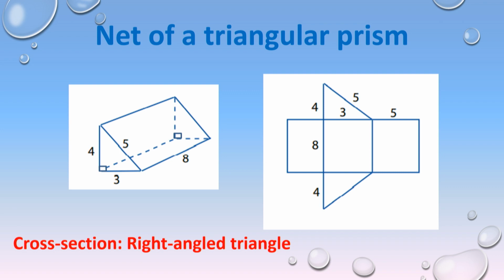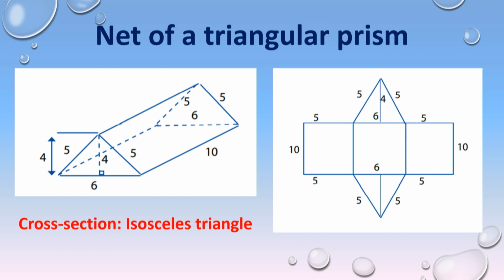So you have two triangles at both ends, and these are the two triangles here. Then you have the base of the prism, which you can see in this rectangle, and the two inclined sides are found at the ends here. So you have your net of a triangular prism.